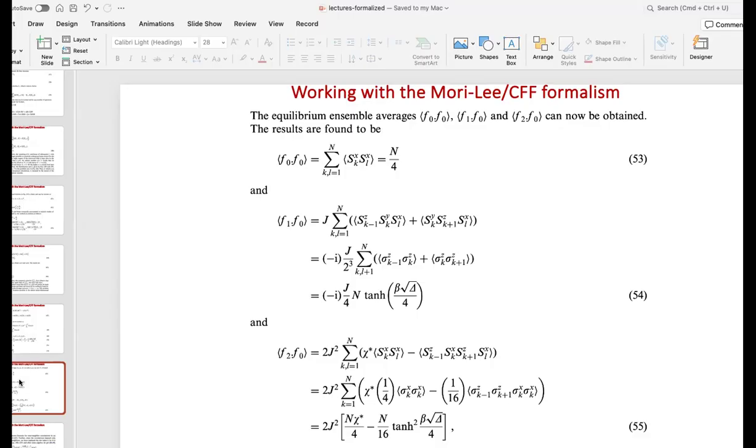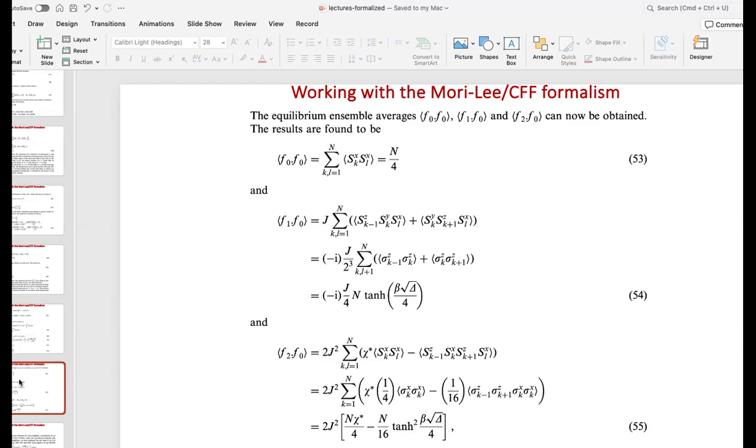And then F2, F0 now becomes this new thing, which boils down to doing the second neighbor. Because you see, these two become 1/4, and only you have this left, second neighbor. So that gives you tan squared.